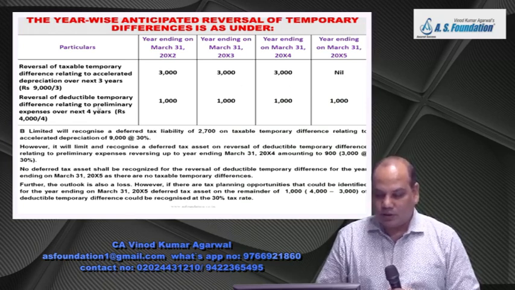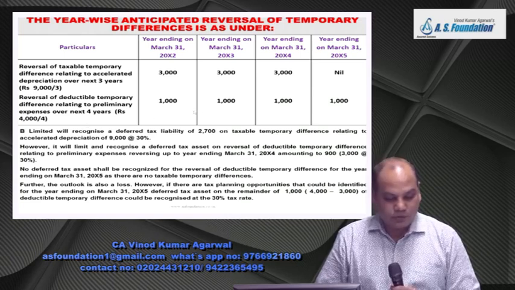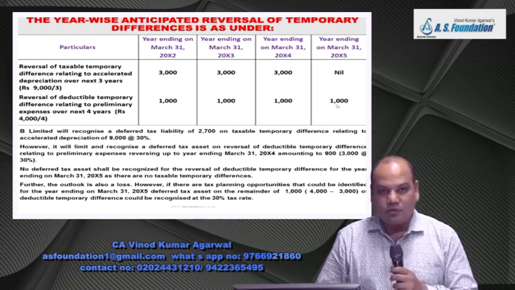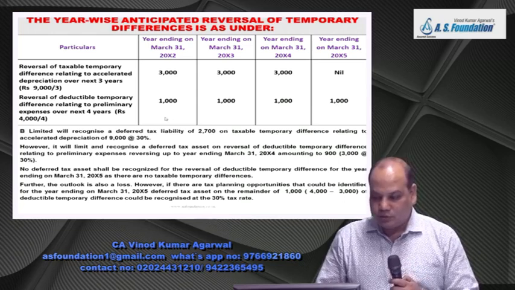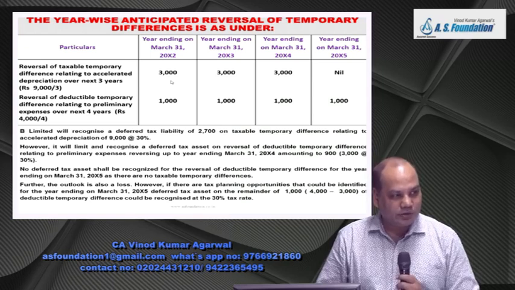Reversal of deductible difference related to preliminary expense over the next 4 years, 4,000 divided by 4: 1,000, 1,000, 1,000, 1,000. Now the question will be how much DTL and how much DTA you will recognize.